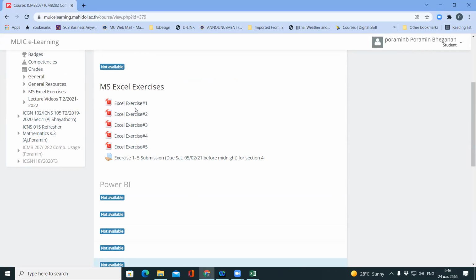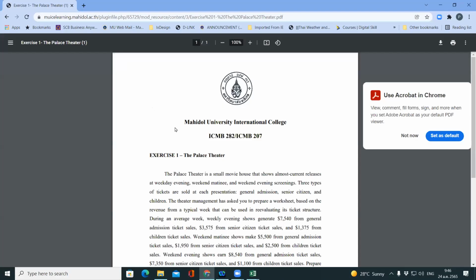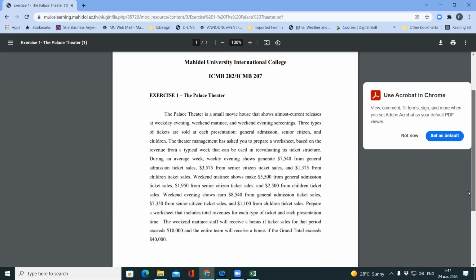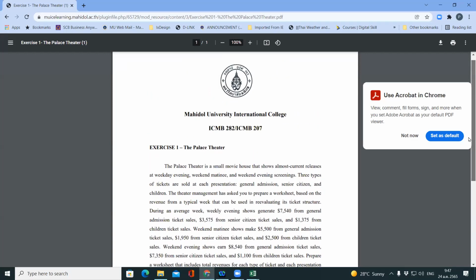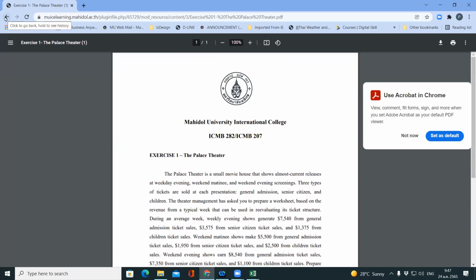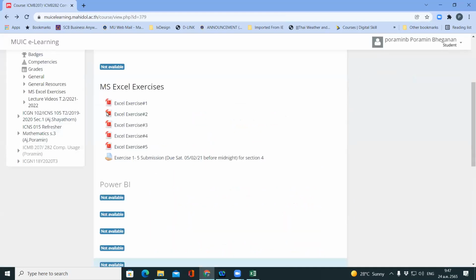So I want you to do these 5 exercises from the basic knowledge that we have got. Some of the exercises you can start doing already, but for some of them, especially the IF function, you may just do the basic one.